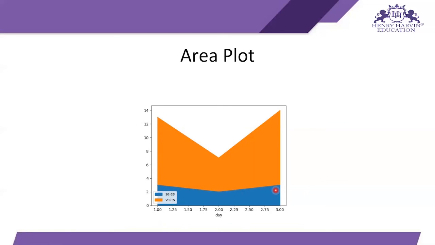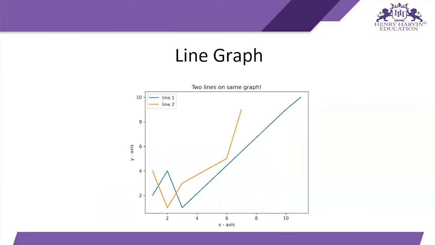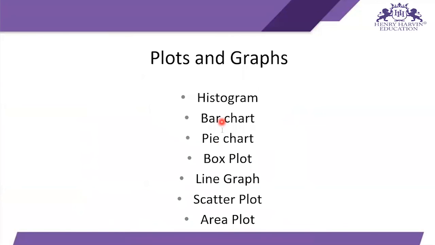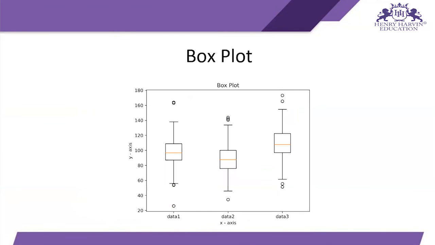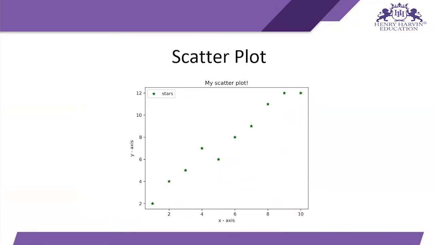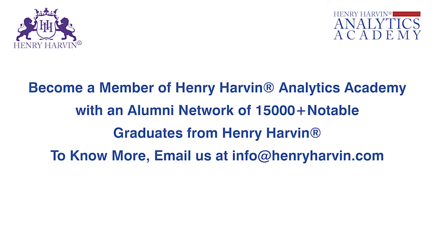This is how we see the data of the area plot. And that's all for the plots and graphs. I am going to show you these 7 graphs and plots: histogram, bar chart, pie chart, box plot, line graph, scatter plot, and area plot. And after discussing this, I'm going to show you how we can plot these graphs in Python coding.